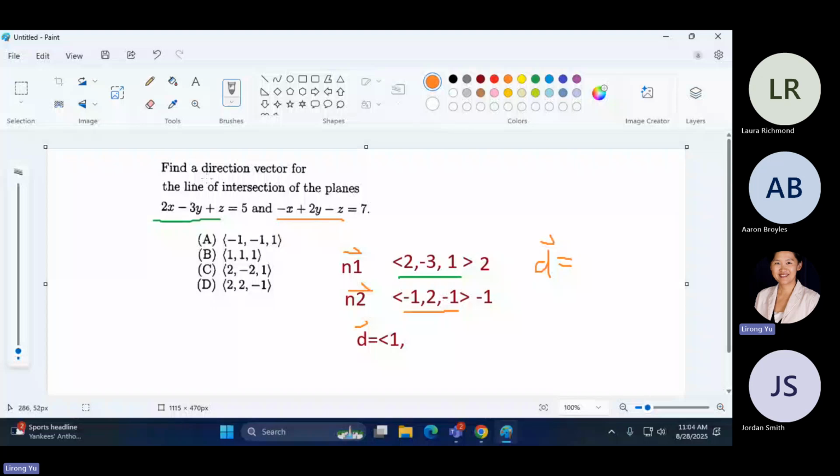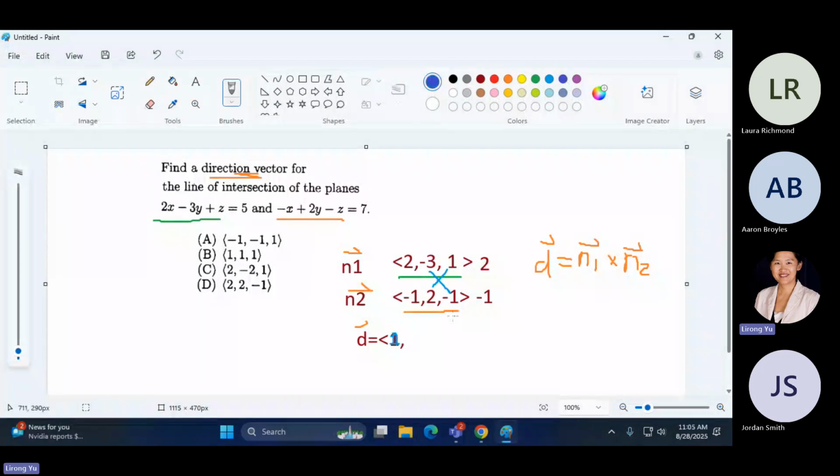The direction vector of the line is the cross product between N1 and N2, N1 cross N2. A cross product is a vector that's perpendicular to both vectors, which makes sense because the line is supposed to be perpendicular to the first normal vector and the second one. How do we calculate cross products? We multiply and subtract. So 3 times 1 minus 1 times 2, that gives you 1, because the first number is 1.